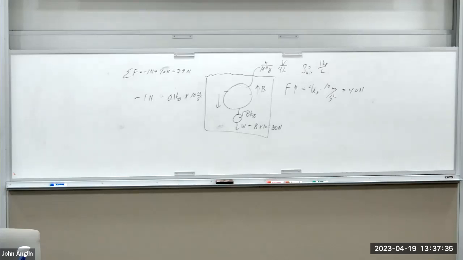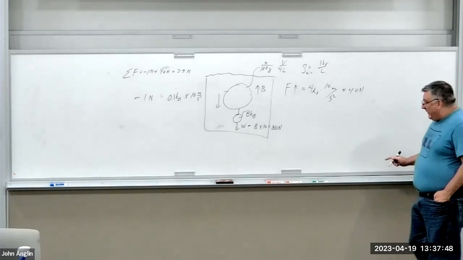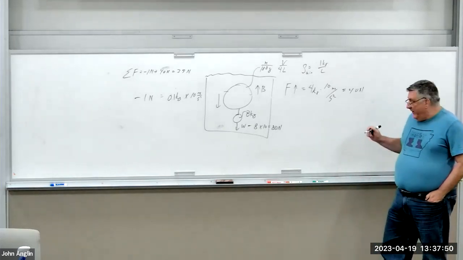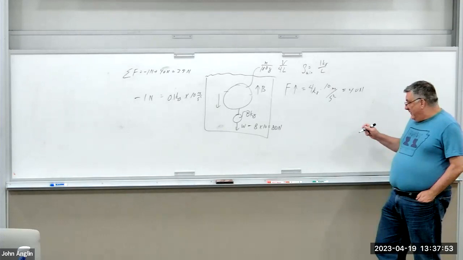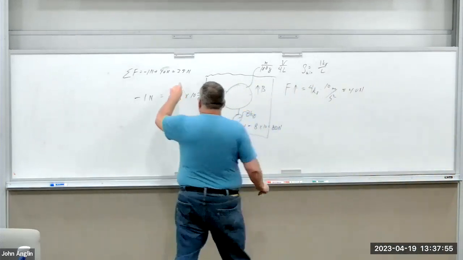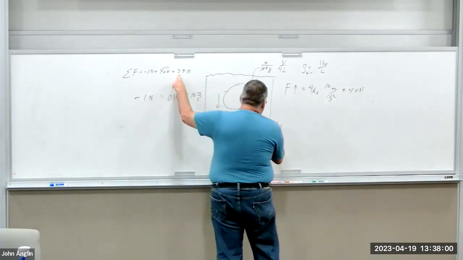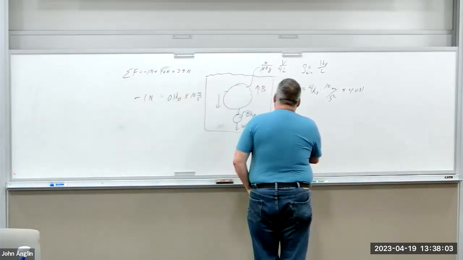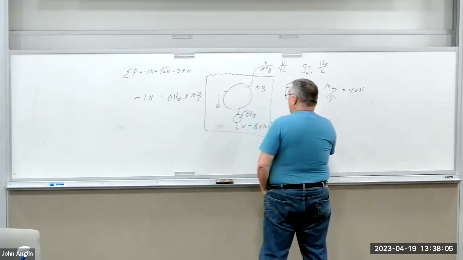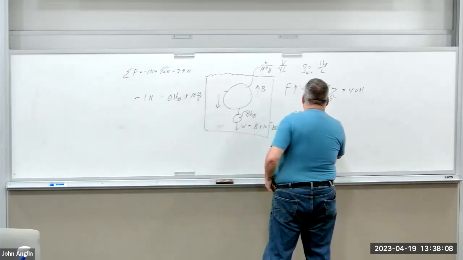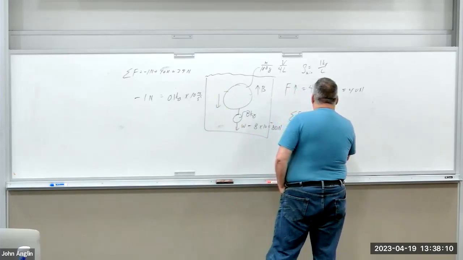So in order to maintain neutral buoyancy, the net force has got to be 0. So the bag has got to contribute a force that balances this. Well, this is our negative direction, right? So again, the sum of our forces equals our 39 newtons minus our 80 newtons.